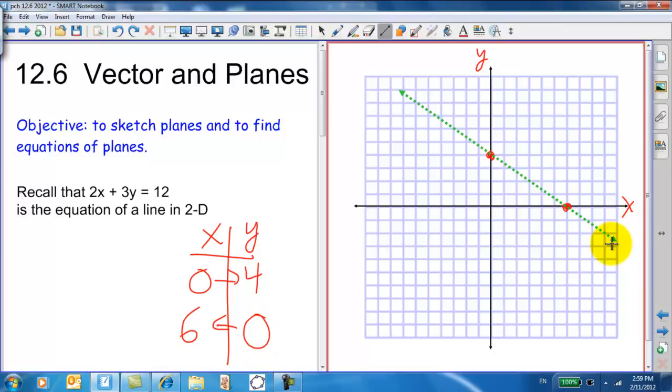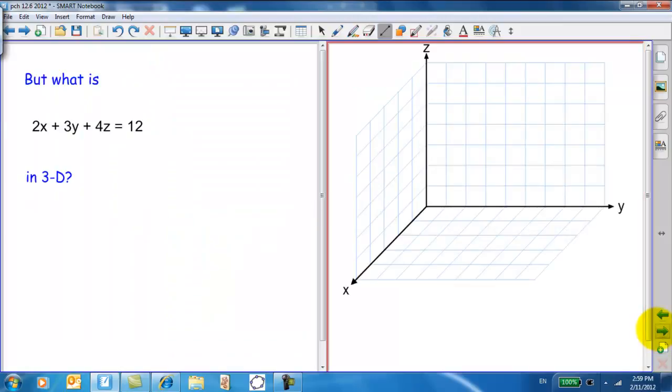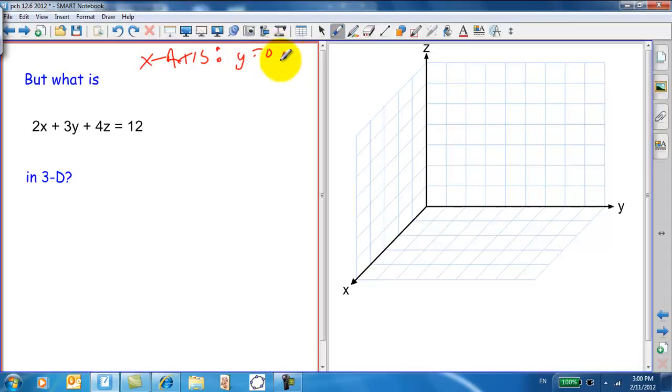Now we can do that in a plane too. Now we're in 3D. To find out where the x-intercept is, remember the equation of the x-axis. Do you remember that? The x-axis has equation y equals 0 and z equals 0, because it's the intersection of these 2 planes, the xz plane and the xy plane.